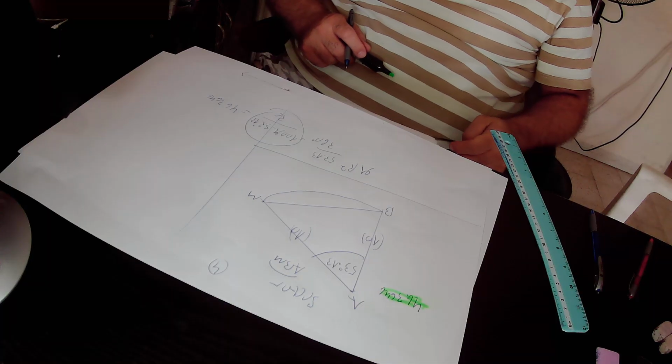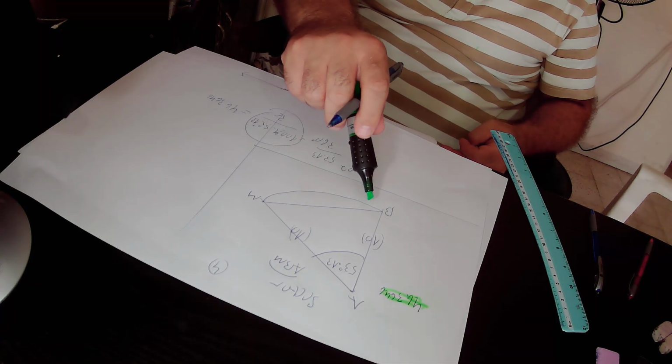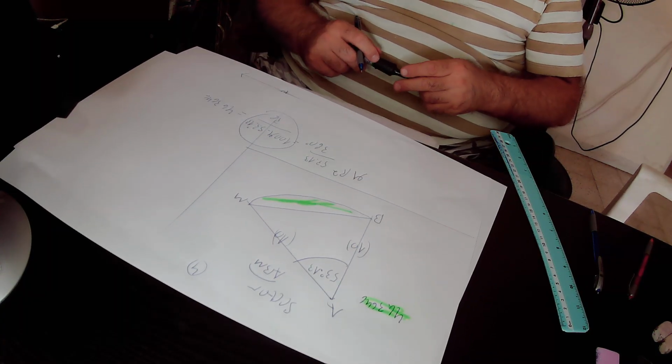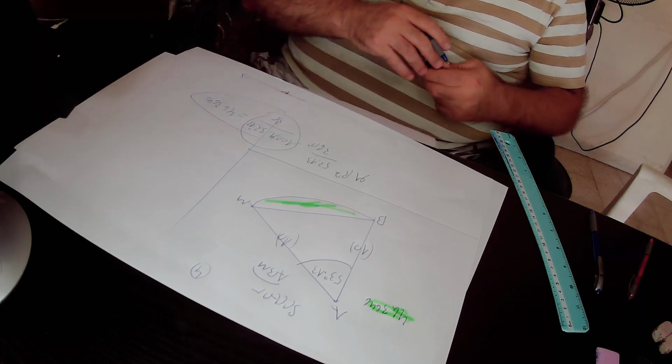Our task is to find out the area of this lower segment BLM. So, what is the area of the lower segment BLM?